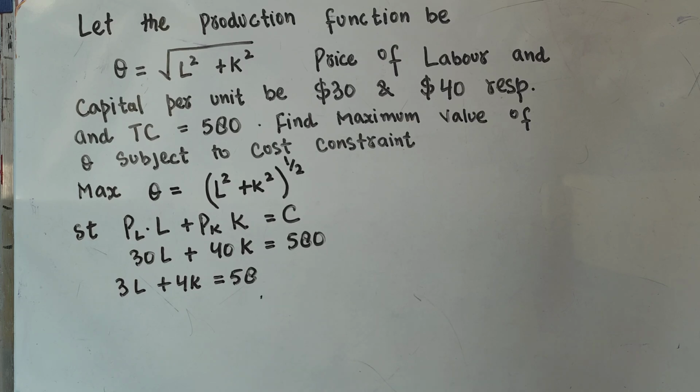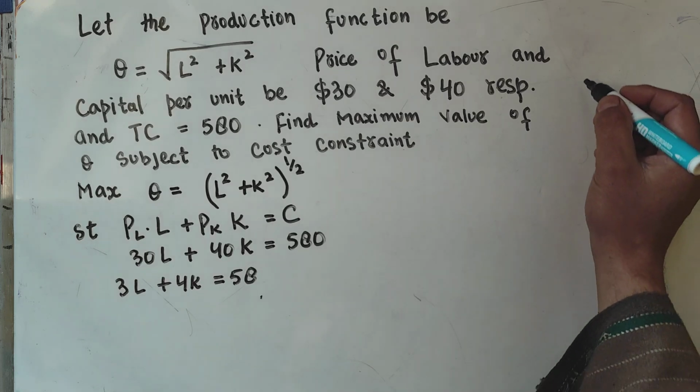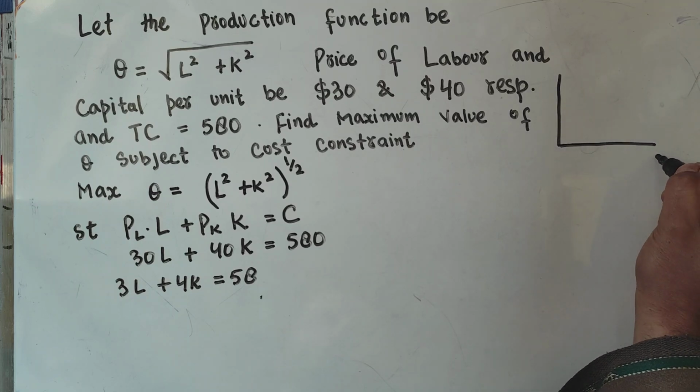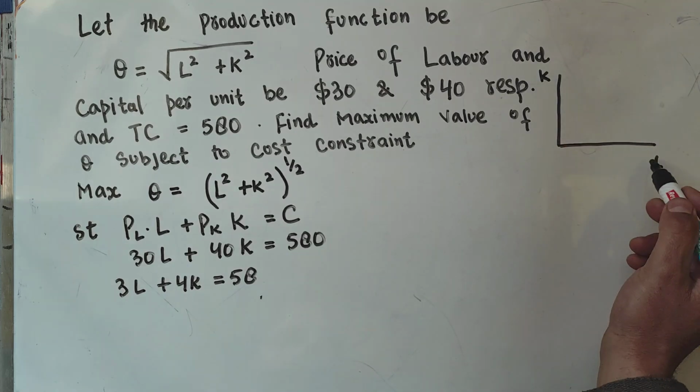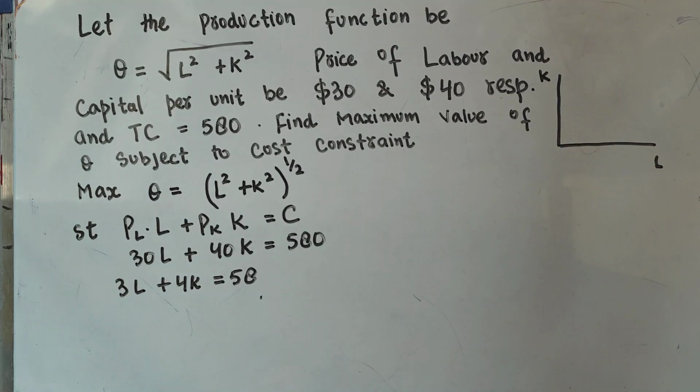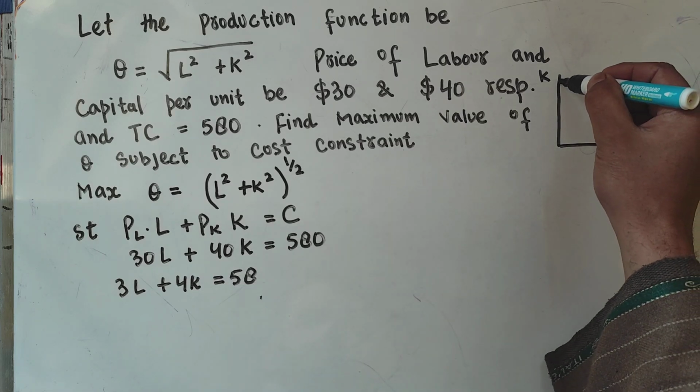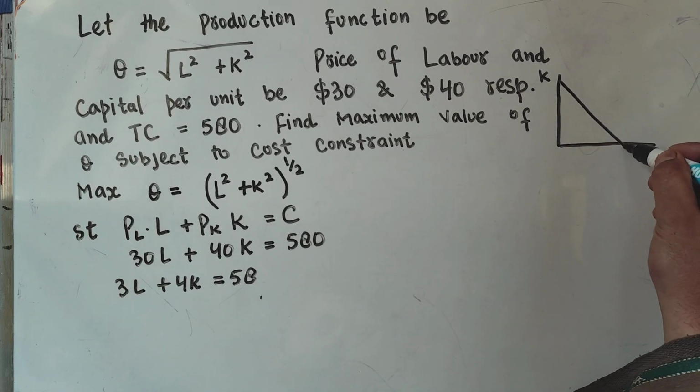Now, how do we optimize this function? Graphically, if I draw a simple graph to make things simpler, we have labor and capital on horizontal and vertical axes. With the given cost constraint, let us suppose this is our cost constraint.